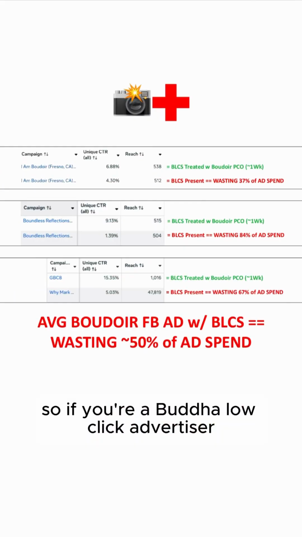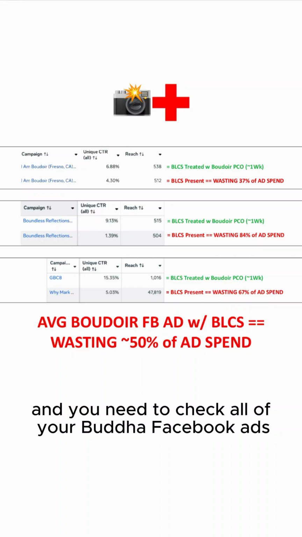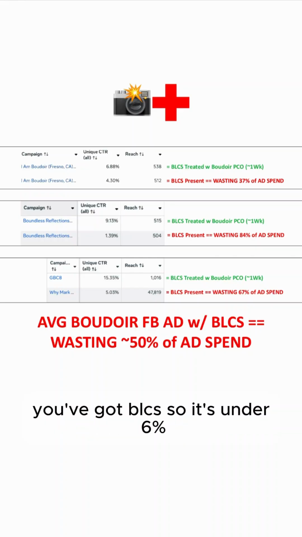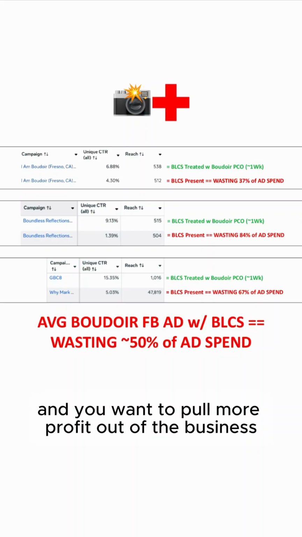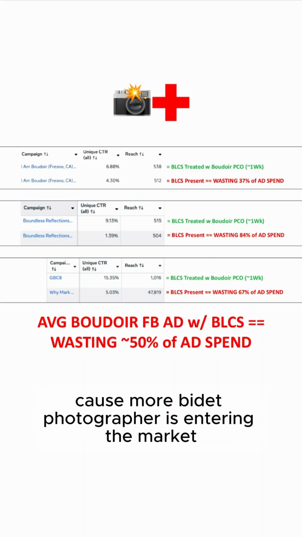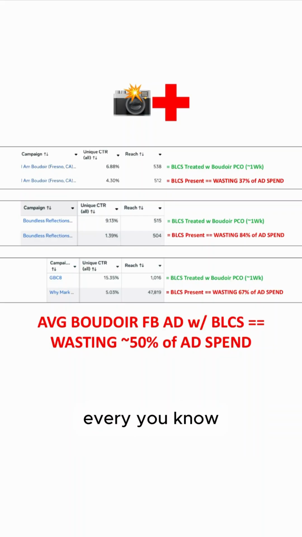So if you're a Boudoir low click advertiser and the unique CTRL of your Boudoir Facebook ads is under 6%, you've got BLCS, and you want to pull more profit out of the business because more boudoir photographers are entering the market every day.